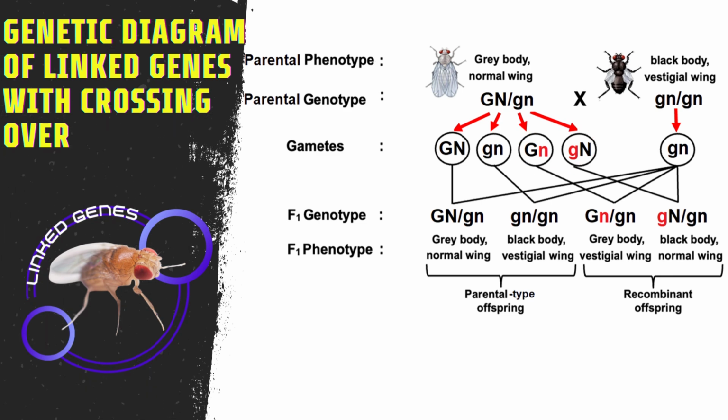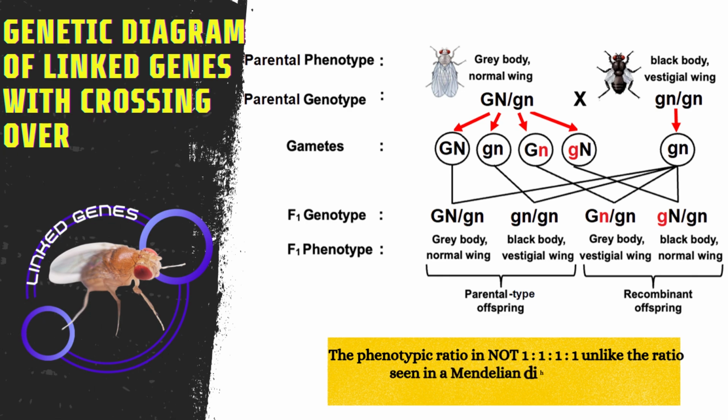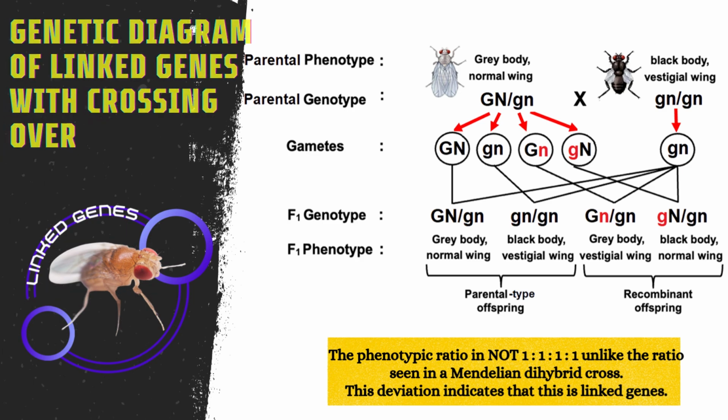As shown in the diagram, parental type offspring are produced in greater numbers. Recombinant offspring are produced in smaller numbers. Because of this, the phenotypic ratio is not 1 to 1 to 1 to 1, unlike the ratio seen in a Mendelian dihybrid cross. This deviation indicates that these are linked genes.